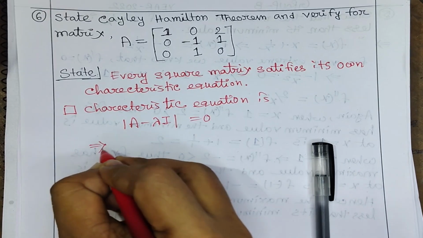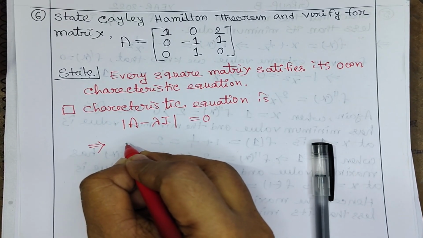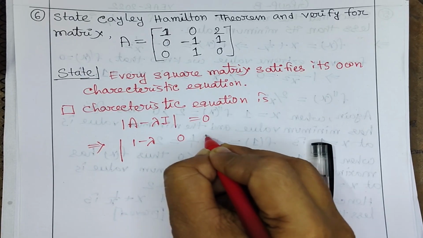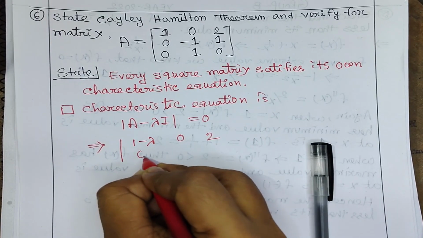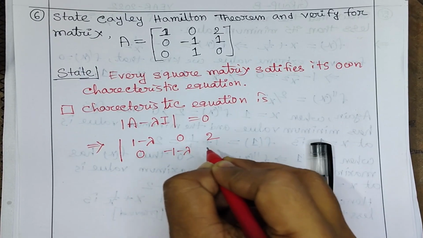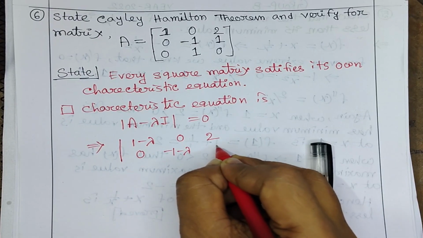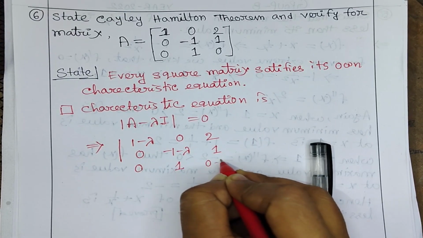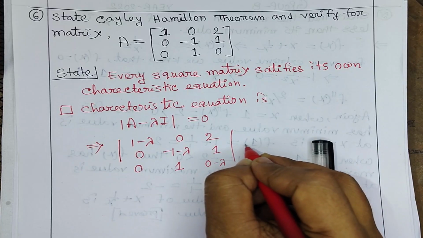In that case, A - λI is [1-λ 0 2; 0 -1-λ 1; 0 1 0-λ] = 0.